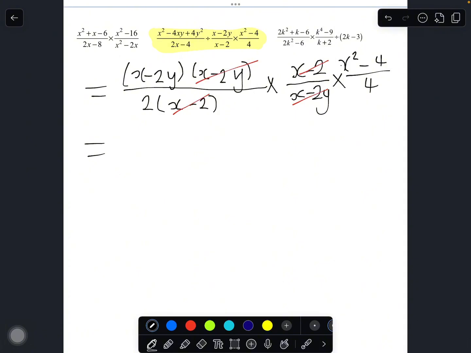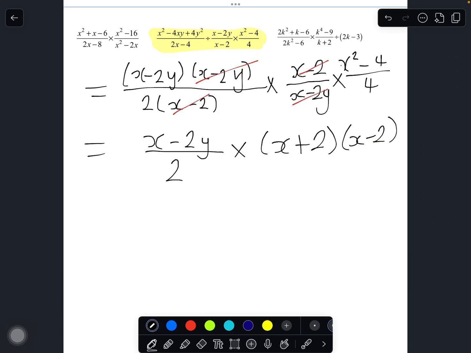And what I'm left with here is x minus 2y all over 2 times x plus 2 into x minus 2 all over 4. Now, is there anything else that I can cancel out? And the answer to that question is no, there isn't anything else I can cancel out.